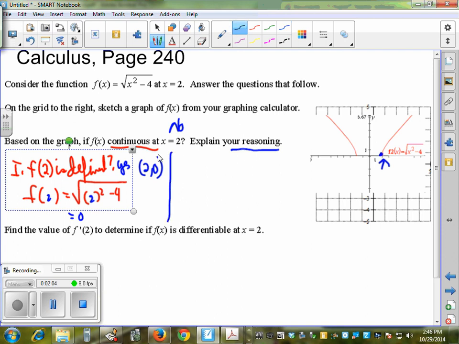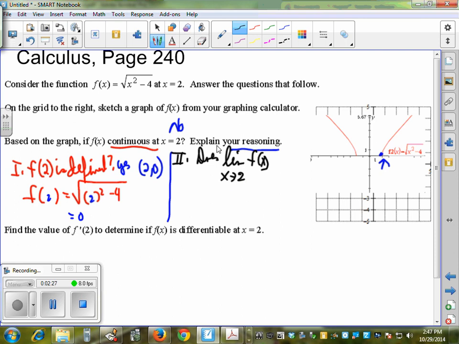Okay, the next step in continuity, remember, is to find out, does the limit of that function exist as x approaches 2?